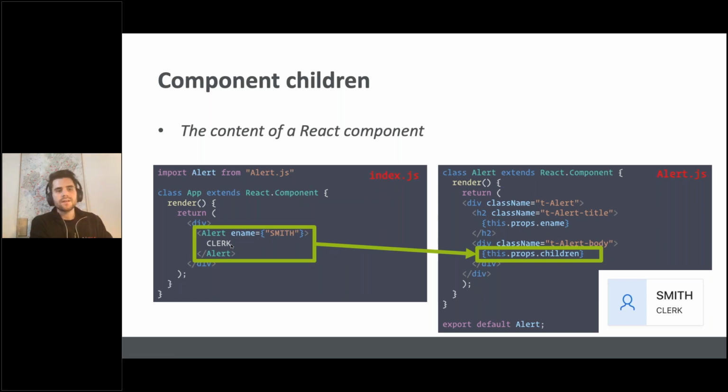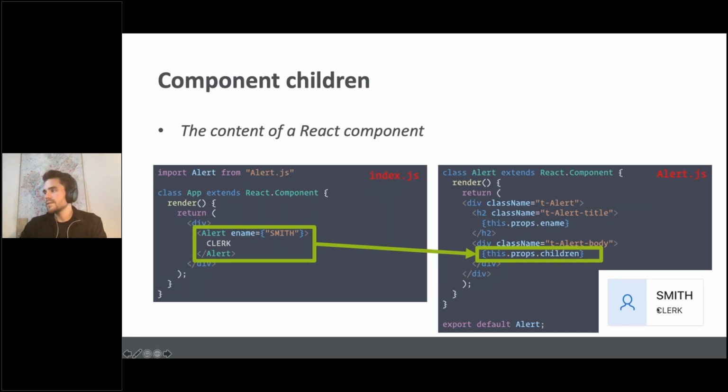When you do this, React interprets the content of the component as the children property. So clerk is usable by using the children property on the right. That's one of the special properties of React. It's actually a reserved property name, so you cannot have a property that's called children. That's reserved for the content of components.